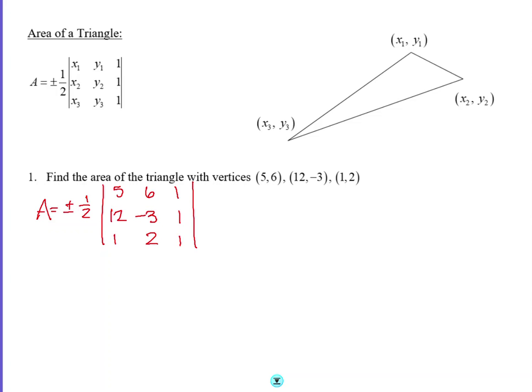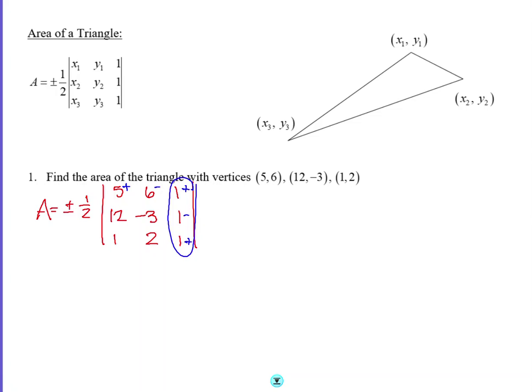When we find the determinant, we can use any row or column. I'm going to go ahead and use the third column because it has the smallest numbers. Remember that we have to assign positive and negative values.